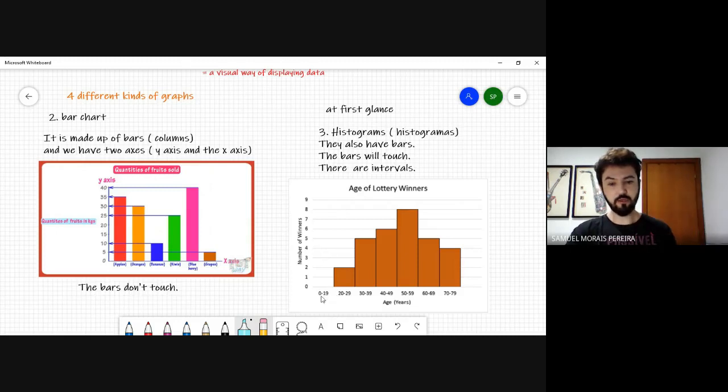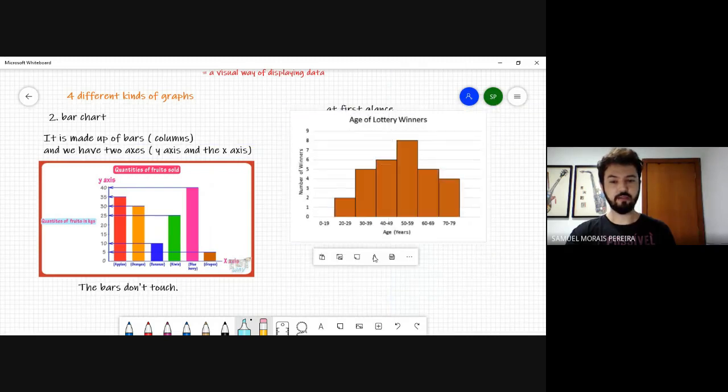19 a 20 anos, ninguém ganhou. No one won the lottery here. But when you go to this interval here, it's different. You have two people, two winners, who are between 20 and 29. So pay attention.